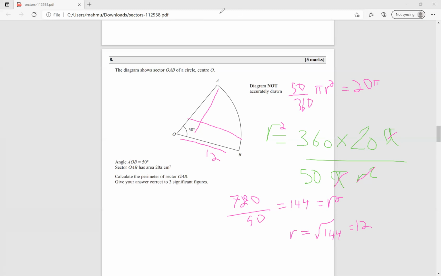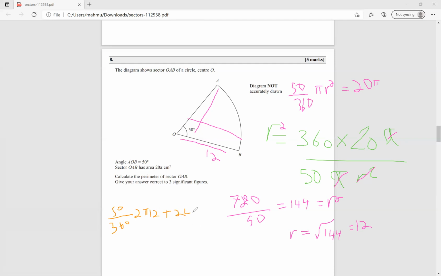So to work out the perimeter, we use a different formula. First we do the angle, which is 50. So I'm going to do it here, 50 divided by 360, then times 2 pi r. 2 pi, 12 is the r, plus 2r, so times 2 sides, so that's going to be plus 24.